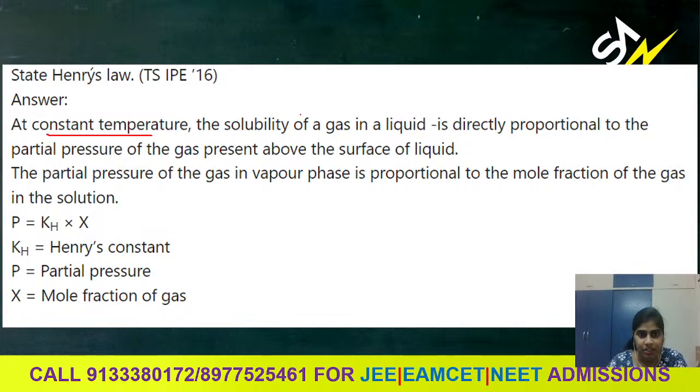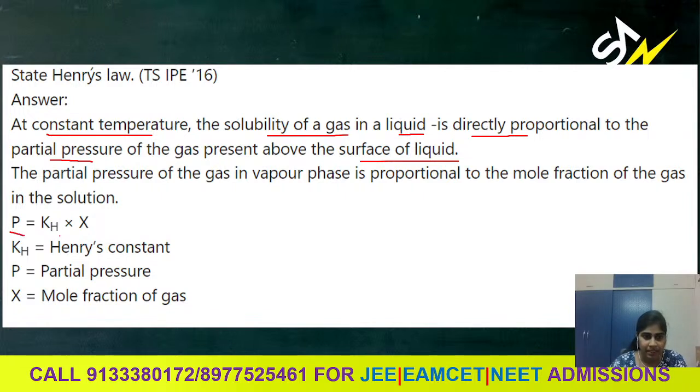At a constant temperature, the solubility of a gas in a liquid is directly proportional to the partial pressure of the gas, that is the partial pressure we are applying on the gas above the surface of the liquid. Remember this: the solubility of a gas is directly proportional to the partial pressure of the gas we are applying on the surface of the liquid.